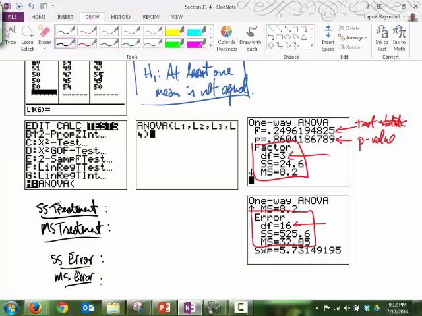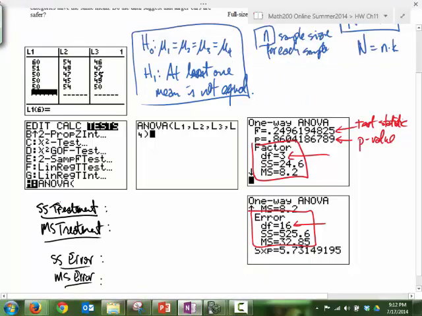The SS factor is 24.6, and 8.2 for the MS factor. The error is 525.6 for the SS, and the MS is 32.85.